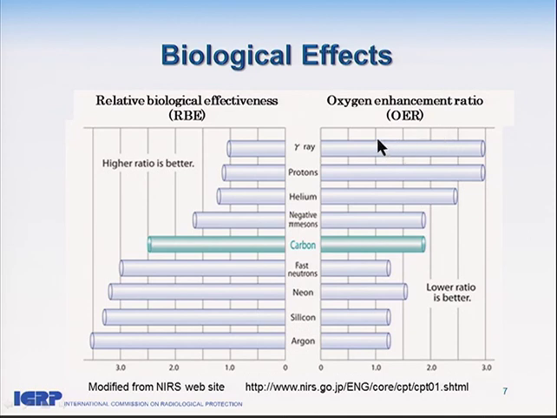Therefore, to give an adequate response, X-ray usually needs more dose to the tumor in an anoxic area. Compared with X-ray, carbon ion has a lower OER, but still not 1. 1 means the exact physical dose can be applied to both hypoxic areas and usual oxygenated areas. So these are the biological characteristics that we have to consider in the treatment planning.